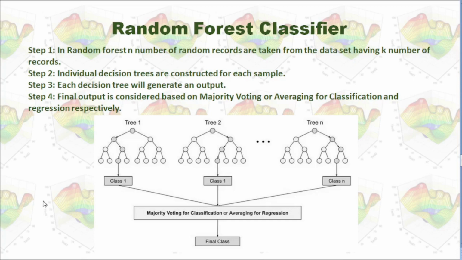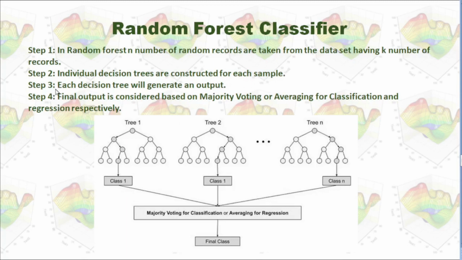Let's take a look at the steps we need to take when we use random forest classifier. First, in random forest, n random records are taken from the data set having k records. Then, individual decision trees are constructed for each sample.